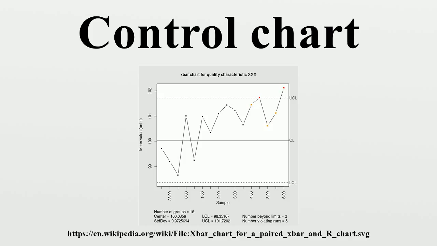It is sometimes noted that the substitution of the individuals chart works best for large counts, when the binomial and Poisson distributions approximate a normal distribution, i.e., when the number of trials n is greater than 1000 for P and NP charts or lambda greater than 500 for U and C charts.